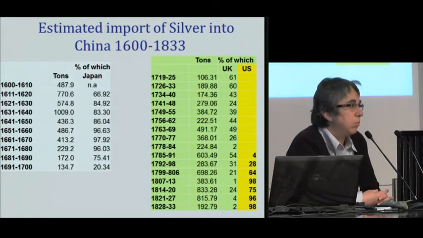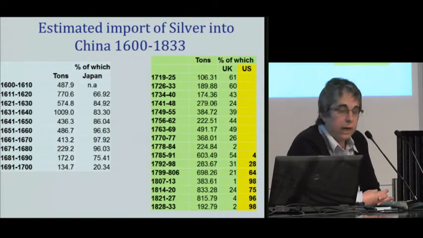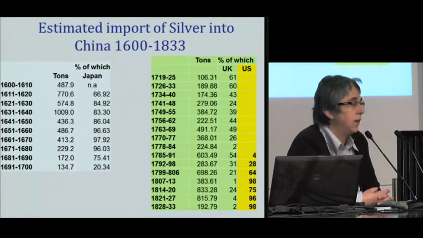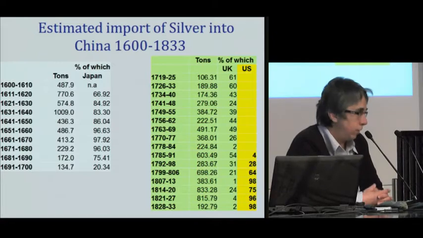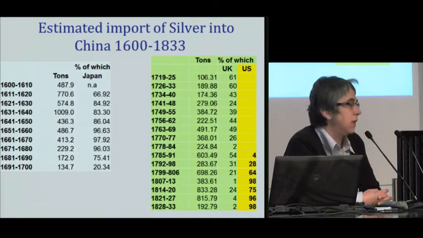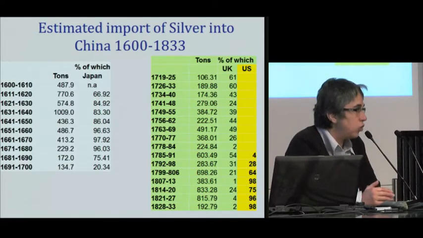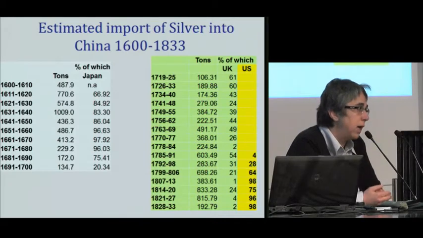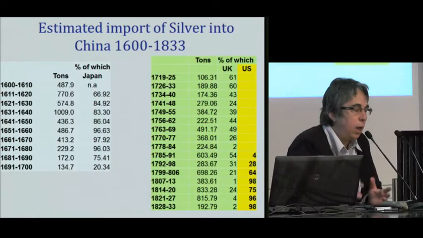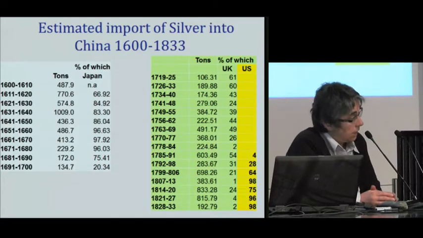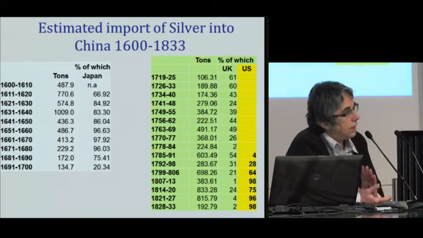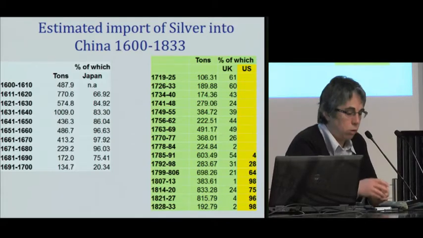North America by then, by 1833, was still getting its hands on Ohio and the Mississippi. They were not even dreaming of the silver ores that they found in Nevada or California later on. But what is clear, and that's something that has been missing from the picture, is that from the 1780s on, the North Americans are the main intermediaries of silver, not just to China, but to the whole of Asia.